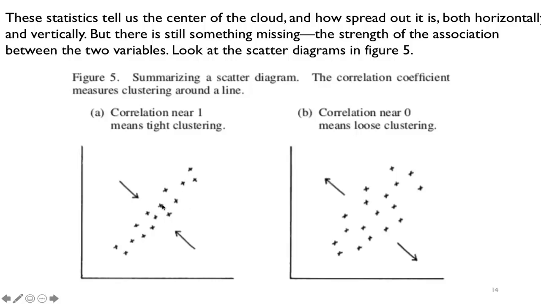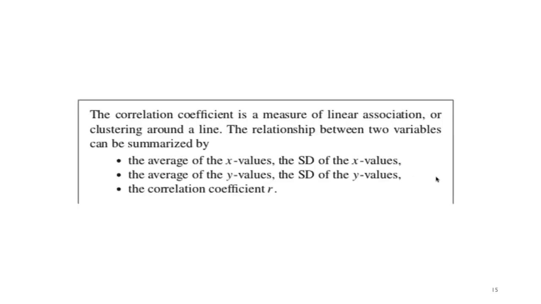That means that if you draw a line through it, there's a line that the points tend to follow. Whereas a correlation close to 0 means that the clustering is looser and there's more spread. So the correlation coefficient is the measure of the linear association, or clustering around a line.